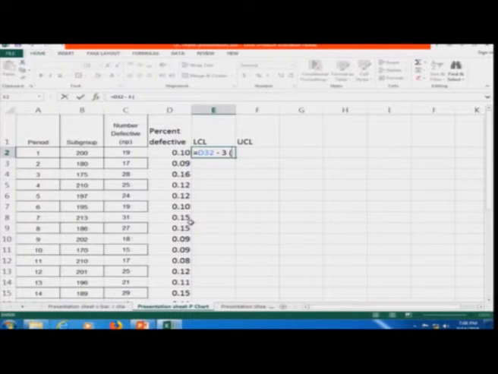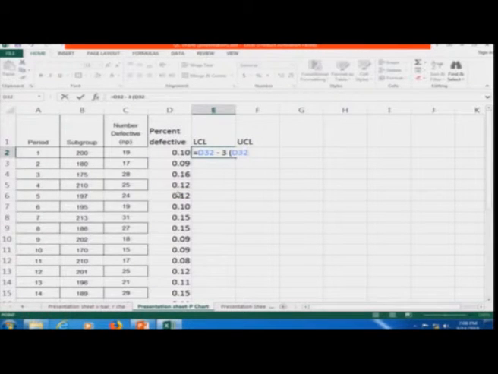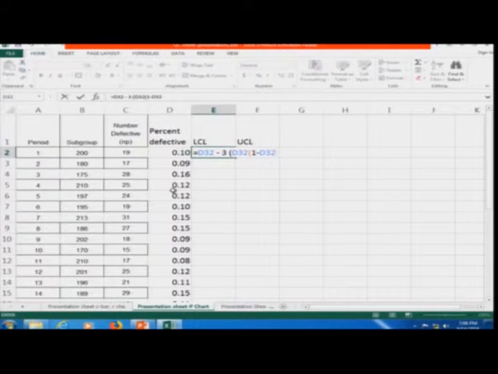I will put P bar, again this value, into 1 minus P bar, divided by n. What is n here? n is my subgroup size, which is this value B2.